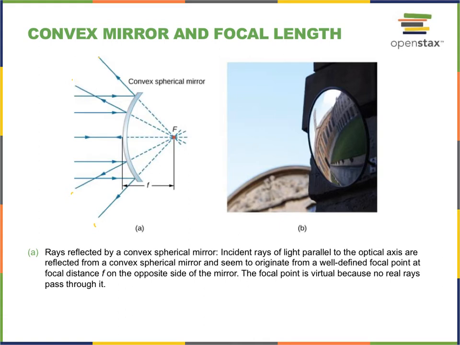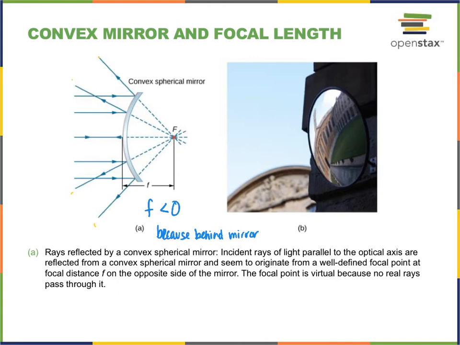Behind the mirror is where they appear to intersect. And so because the focal point is behind the mirror, the focal length is negative. So we also can call it a virtual point.